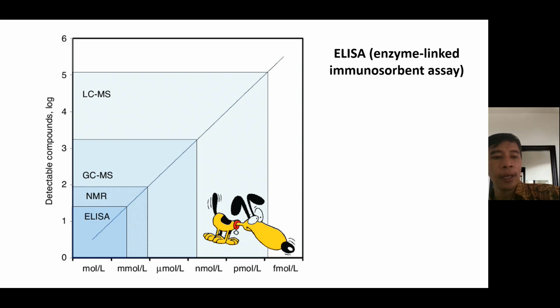This is the common technique that you can use to quantify hormones or peptides or even cytokines in your samples, and also to quantify, for example, free radicals, and any kind of small molecules in your sample with high concentrations.